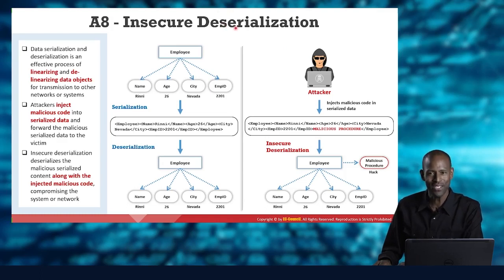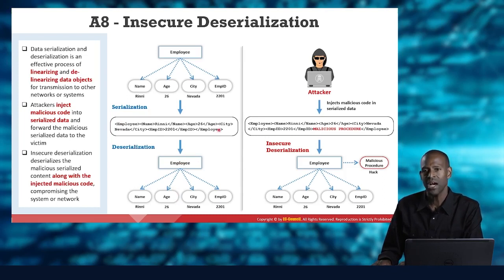What deserialization is, if you look at, let's say, a web form that somebody's filling in with a name and age and all that kind of stuff, they put that information in. That information needs to be put into a form that can be transmitted across the wire and that's readable to other computer systems. And when it gets where it's going, it's read and deserialized into a database, for instance.